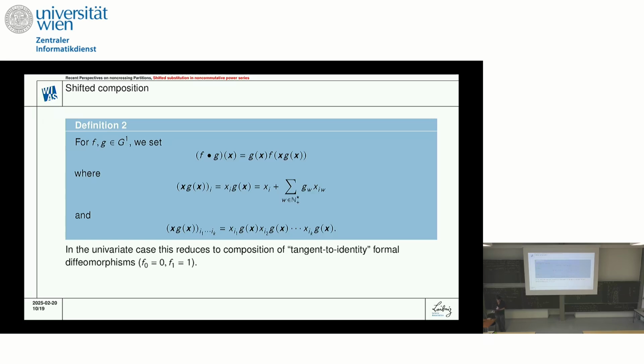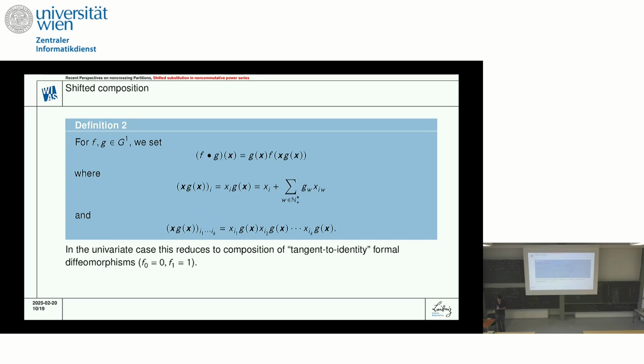So when I have two formal power series f and g starting with a 1, I can define the following bullet operation, which means multiplying f by g, but I replace the variables in f by a shifted version of the original variables by the power series g. And for this, I require that g starts with a 1, so that my new variables are a perturbation of the original variables.